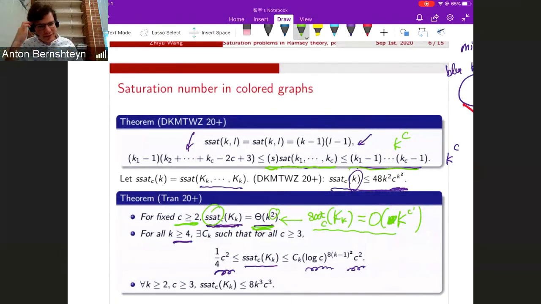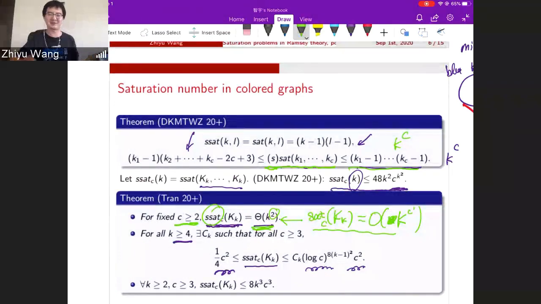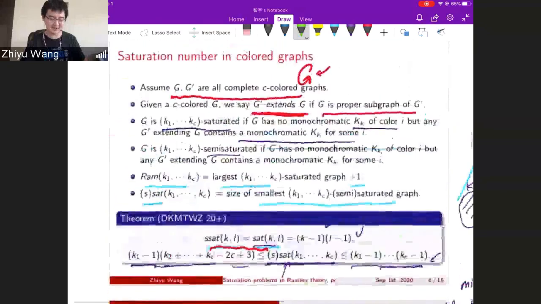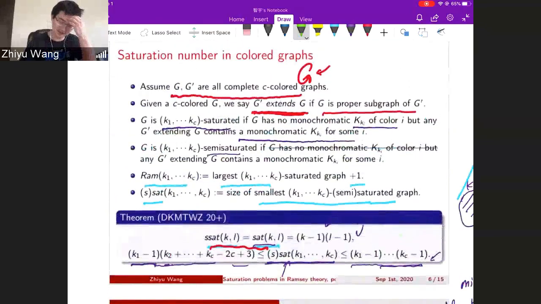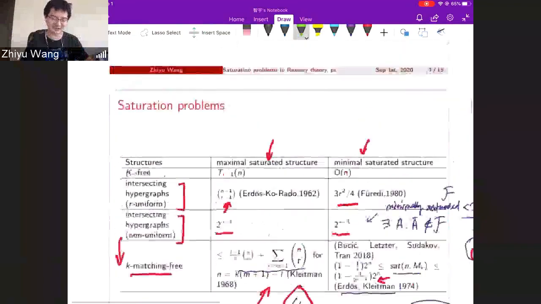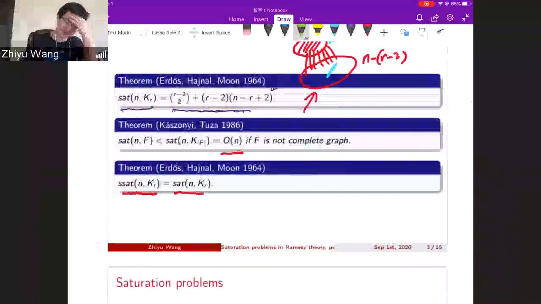Presumably, you can also look at other Ramsey-type questions, like a van der Waerden theorem or something like that, and have a saturation version of that. Yeah, it seems like if we have an extremal problem, then there's a saturation analog of it. But I think for graphs, the reason saturation doesn't behave very nicely is that it's not closed under some graph property.